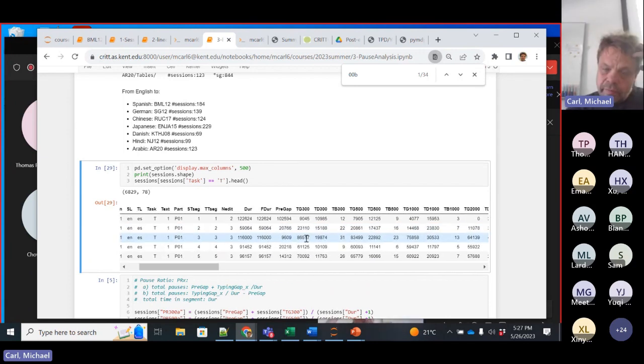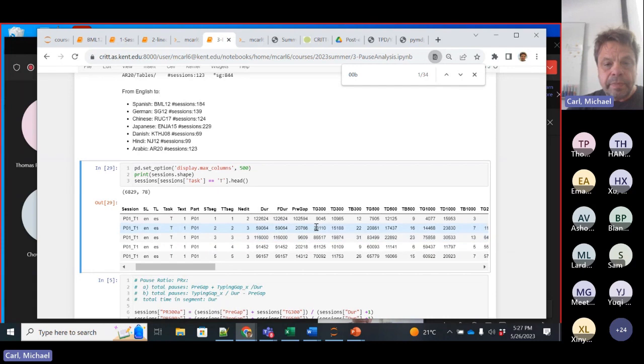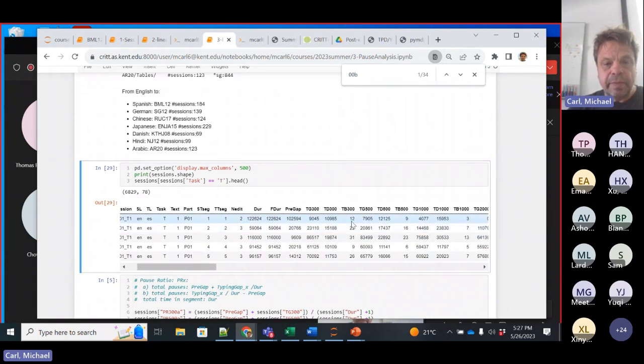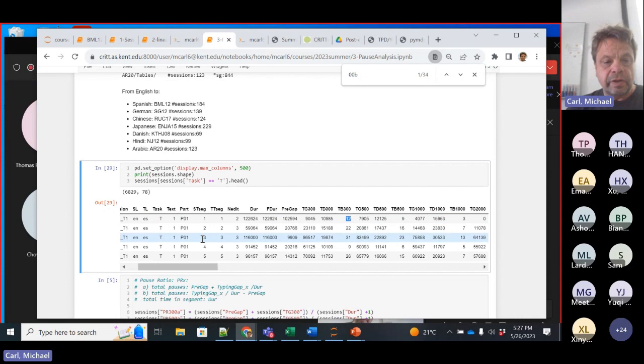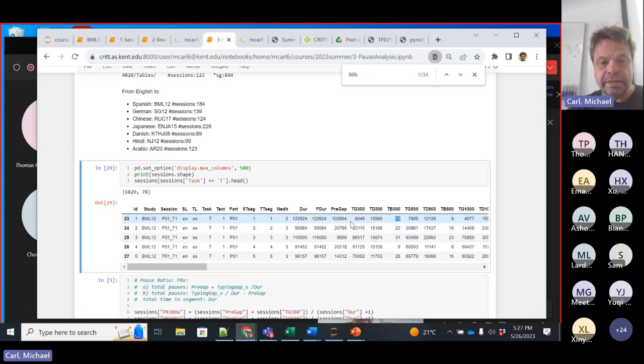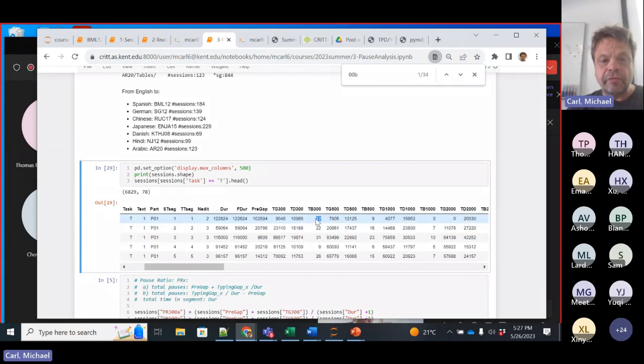Okay, here we can see again that we have these different measures that relate to the translation bursts. So these are translation bursts. For this particular sentence, we have 12 translation bursts in this segment, if we assume that the pause is 300 milliseconds between successive keystrokes.